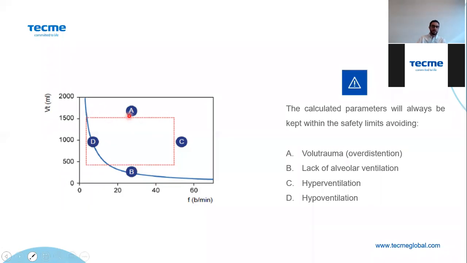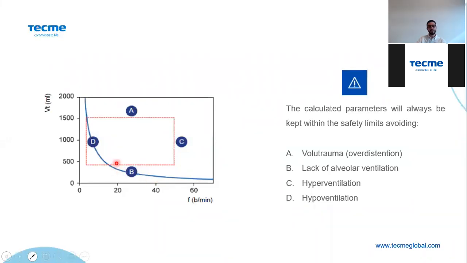One volume is where you have overdistension, and the other is the volume with a lack of alveolar ventilation. So the parameters, frequency and tidal volume, move automatically according to compliance and resistance inside these safety values, but will never go outside.